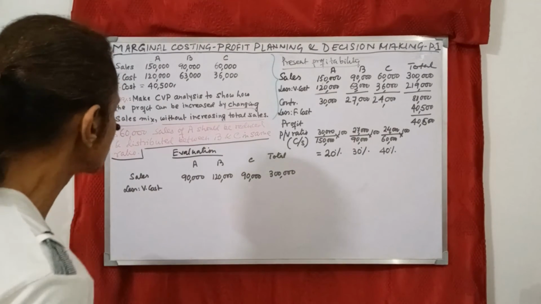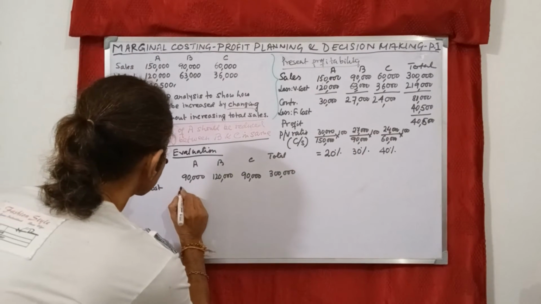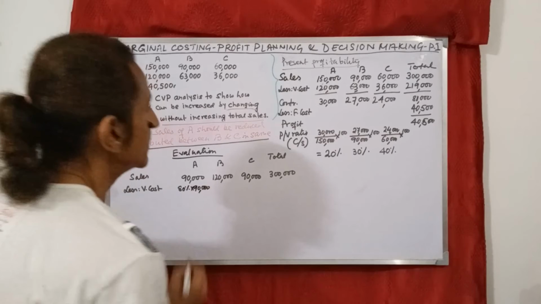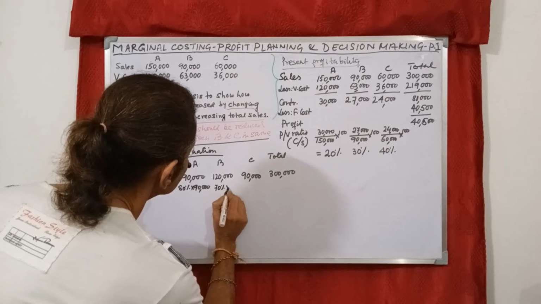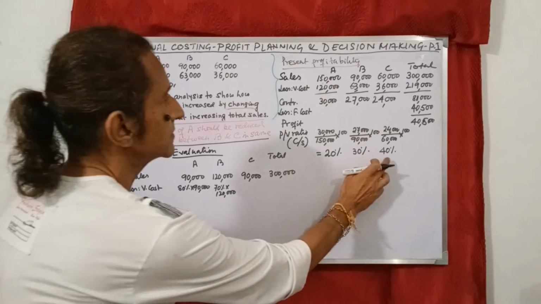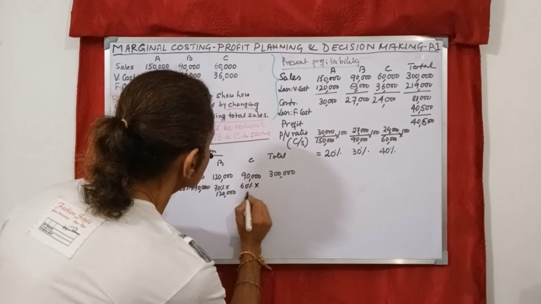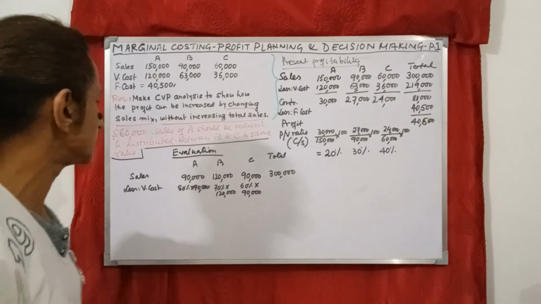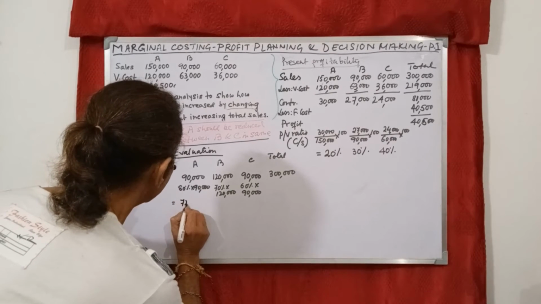So less variable cost, here it is 80% of 90,000. Here it is 70% of 120,000. And here it is 60% of 90,000. Okay. So this is equal to 72,000.